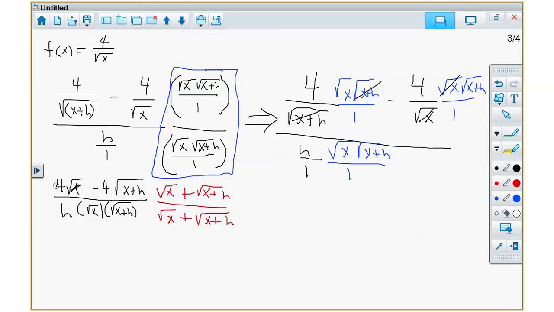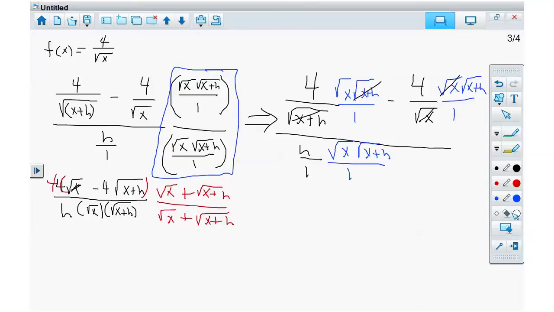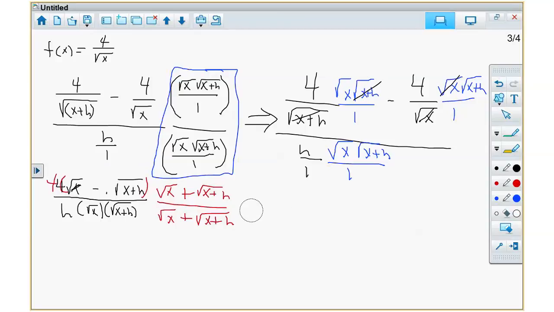Okay, you can factor that 4 out and pull it out here. What you'll have is just factor a 4 out right here, and you'll have this. And that 4 will be gone. You don't have to do this. I'm just doing it to show you why I'm doing it by x plus h.